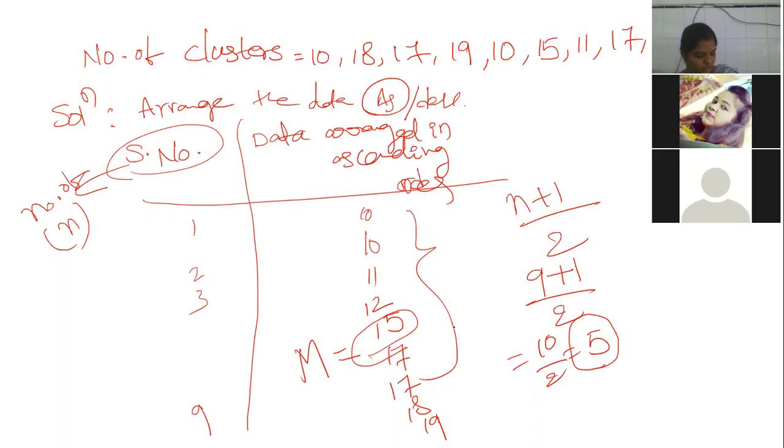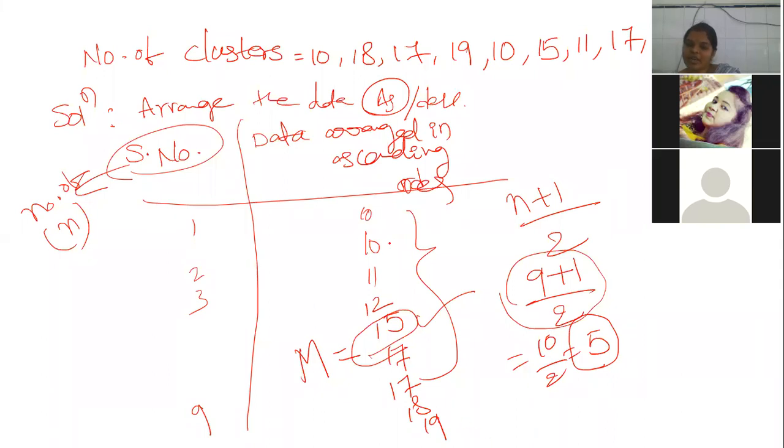You just write down: median is equal to the size of (9 plus 1) by 2 item, which is the size of the fifth item, that is equal to 15. So median is equal to 15.